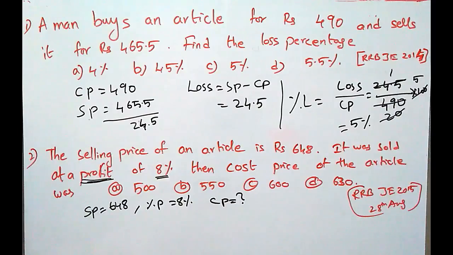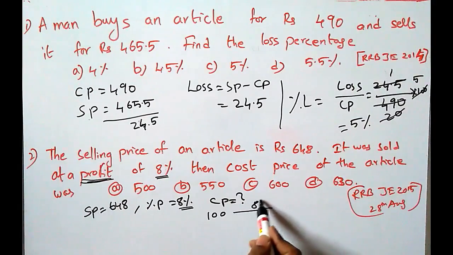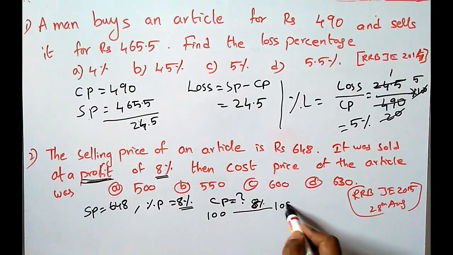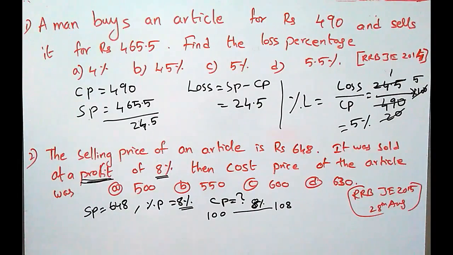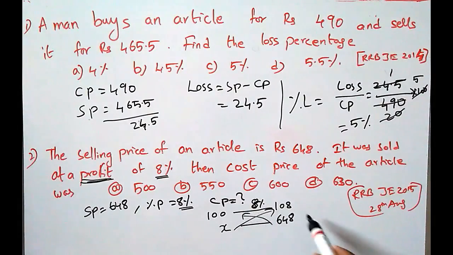How to find the cost price? See friends, we have got 8% as the profit. If we think cost price is 100, with 8% profit, what is the selling price? 108. Similarly, here the selling price is 648. Correspondingly, what should be the cost price? We have to find. Just cross multiply.